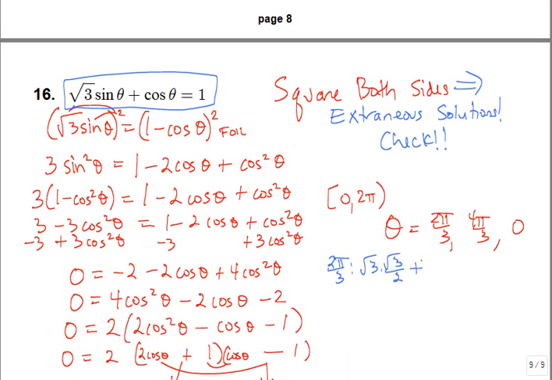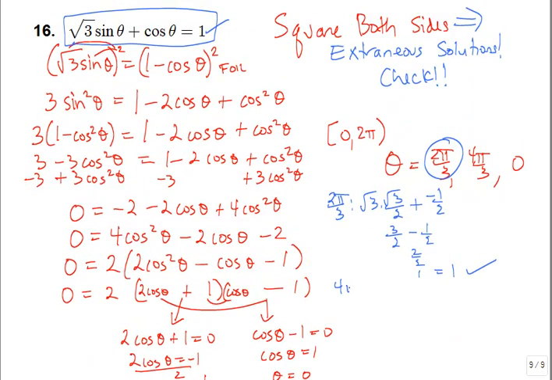And then we want to add to that the cosine of 2 pi over 3, which was that negative 1/2, that x coordinate. Root 3 times root 3 is 3, so this becomes 3 halves. Minus a half gives you 2 halves, which is 1, and that's what we wanted it to equal. So that one works. This is a valid solution.